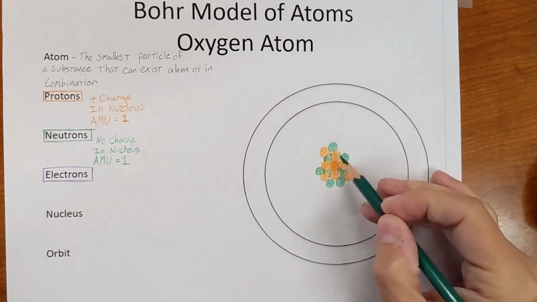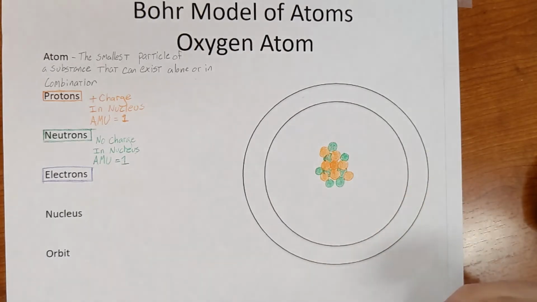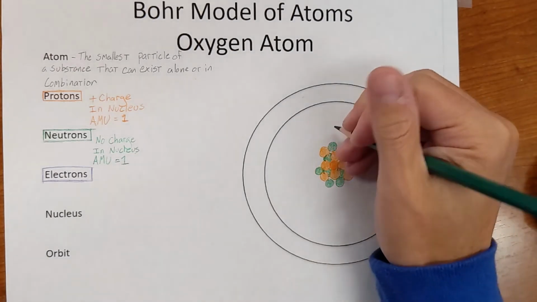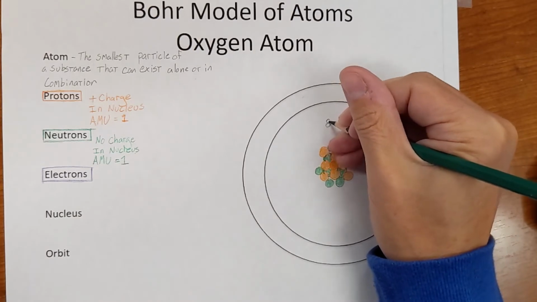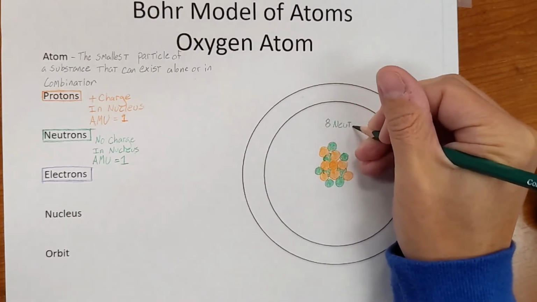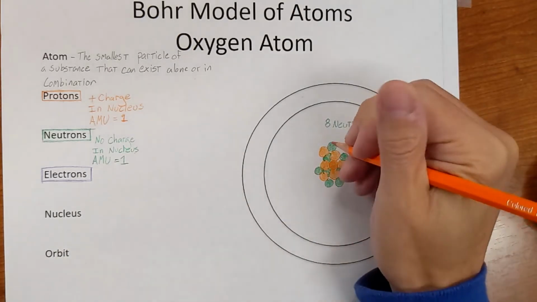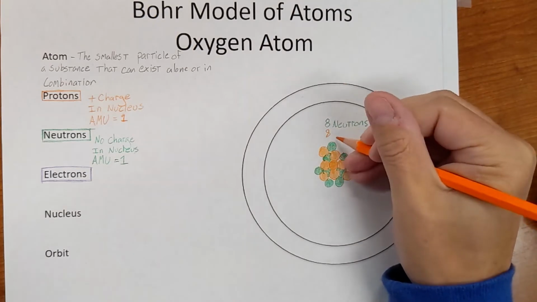So 1, 2, 3, 4, 5, 6, 7, 8 neutrons. So in the center here, we have 8 neutrons, and we have 8 protons.